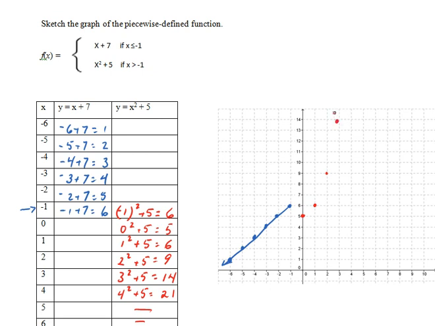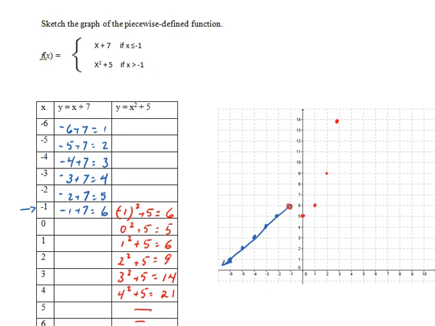Now, it's also important for us to get the correct values between negative 1 and 0. Remember that I would have had an open circle at negative 1, 6, but it was already filled in.